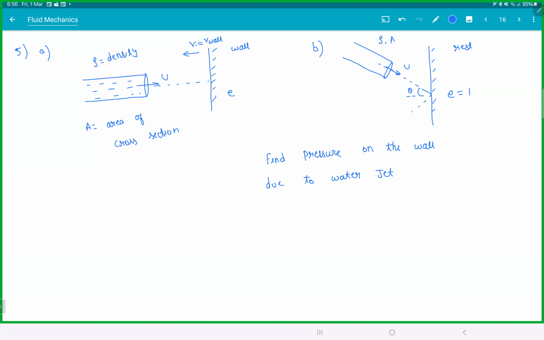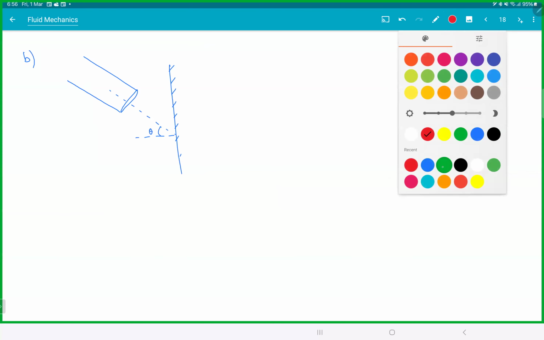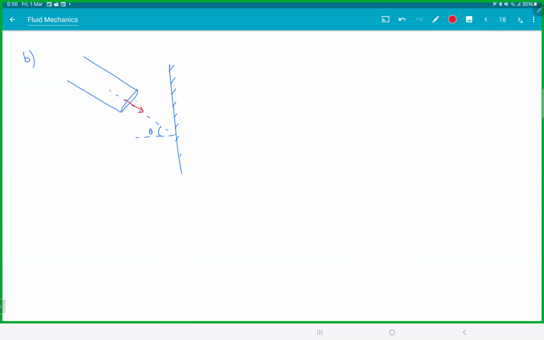Let's see. And how did you get cos square? That is an interesting thing. See, this is theta. So the momentum will be, this is u. This is also theta.